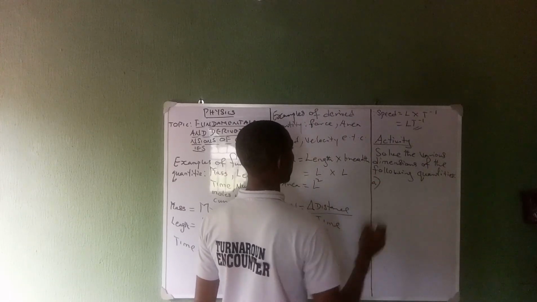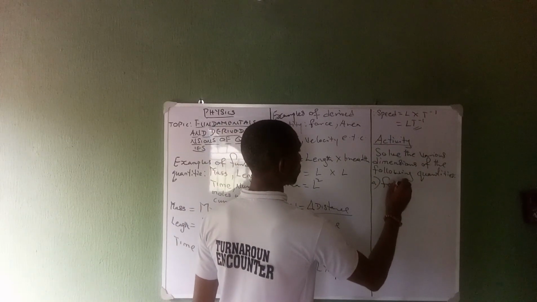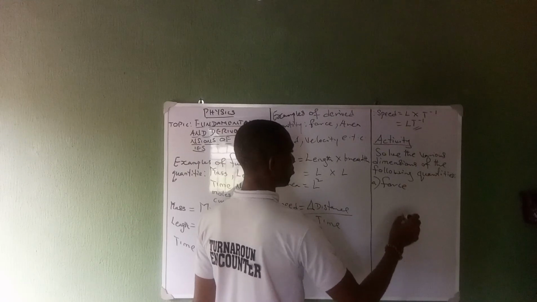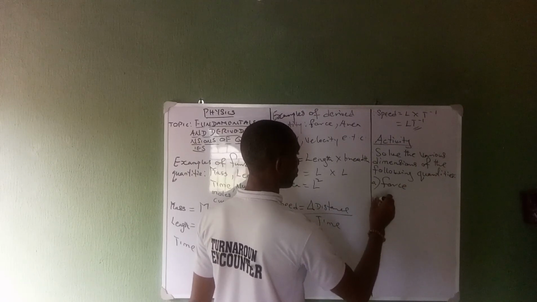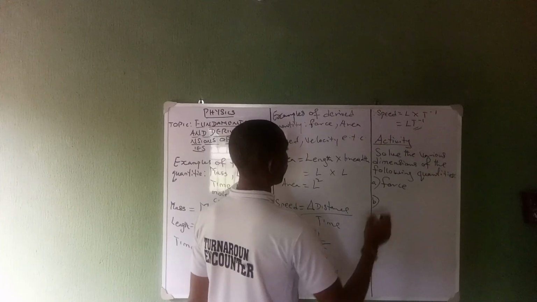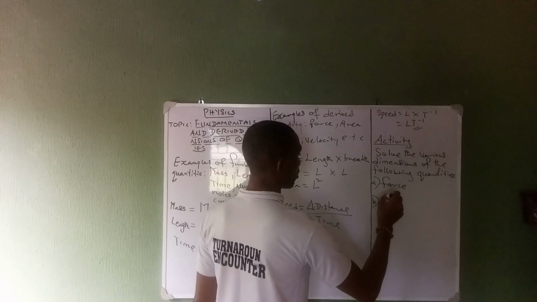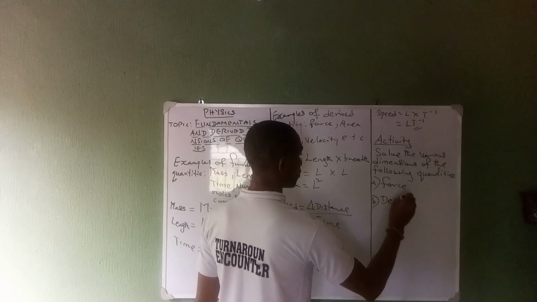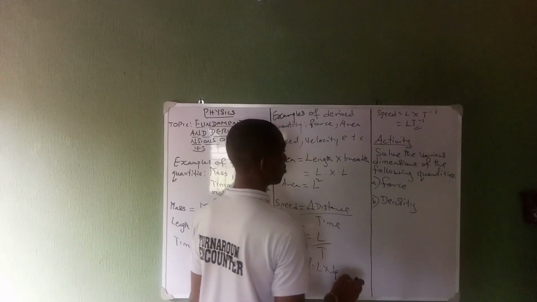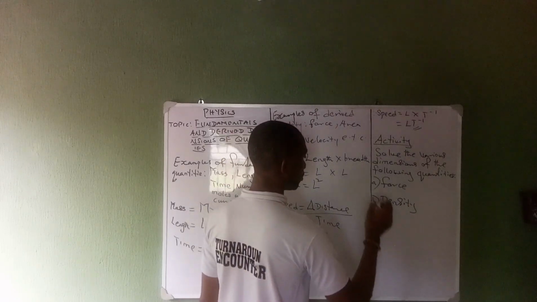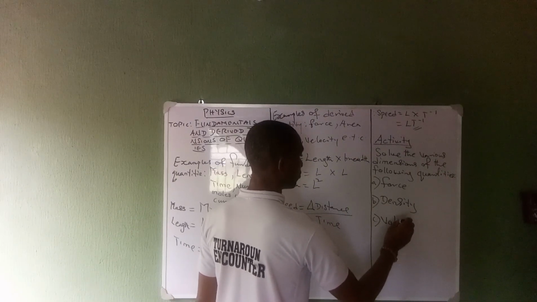A, we have force. Remember, force is mass times acceleration. B, we have density. Density is mass over volume. Then we have C, volume.